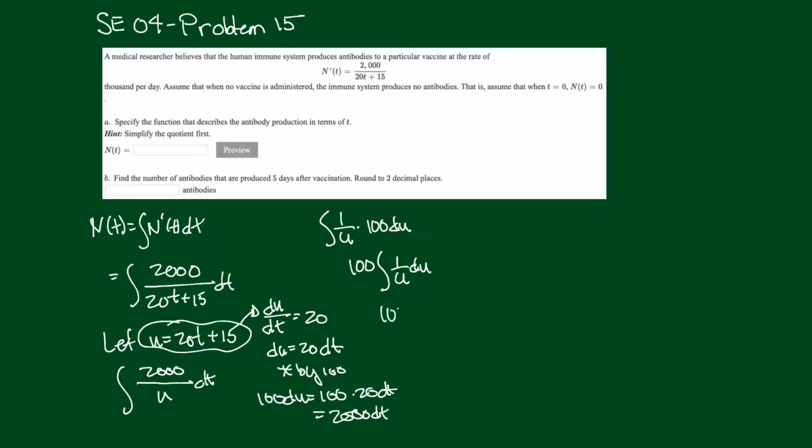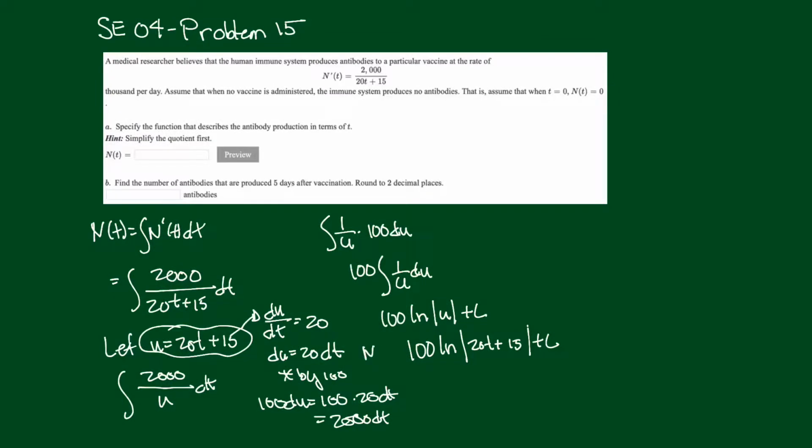Now this will give us 100 times the natural log of the absolute value of u plus c. But let's resubstitute. What was u? Back over here, 20t plus 15. So 100 times the natural log of the absolute value of 20t plus 15, plus c.